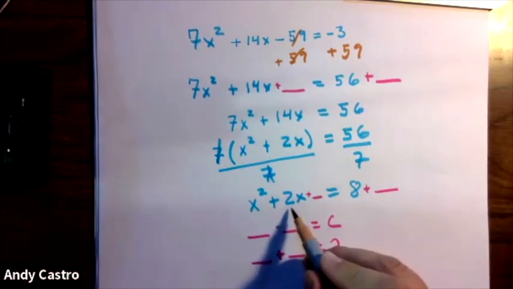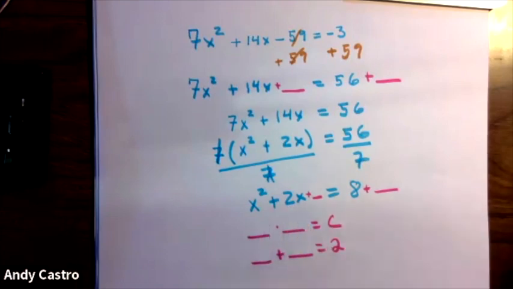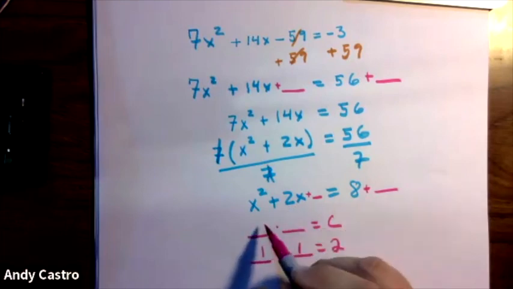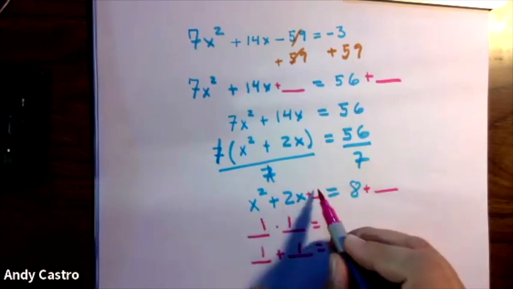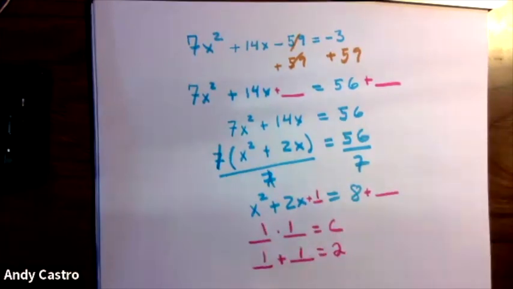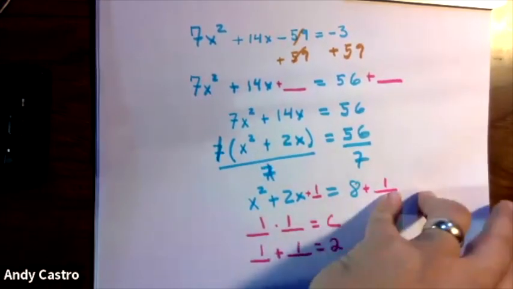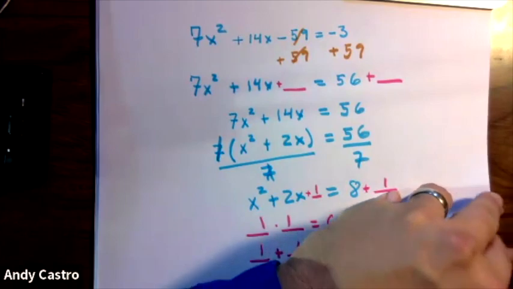Well, that's this number here divided by 2. So 2 divided by 2 is 1. 1 plus 1 is 2. 1 times 1 is 1. So 8 plus 1.